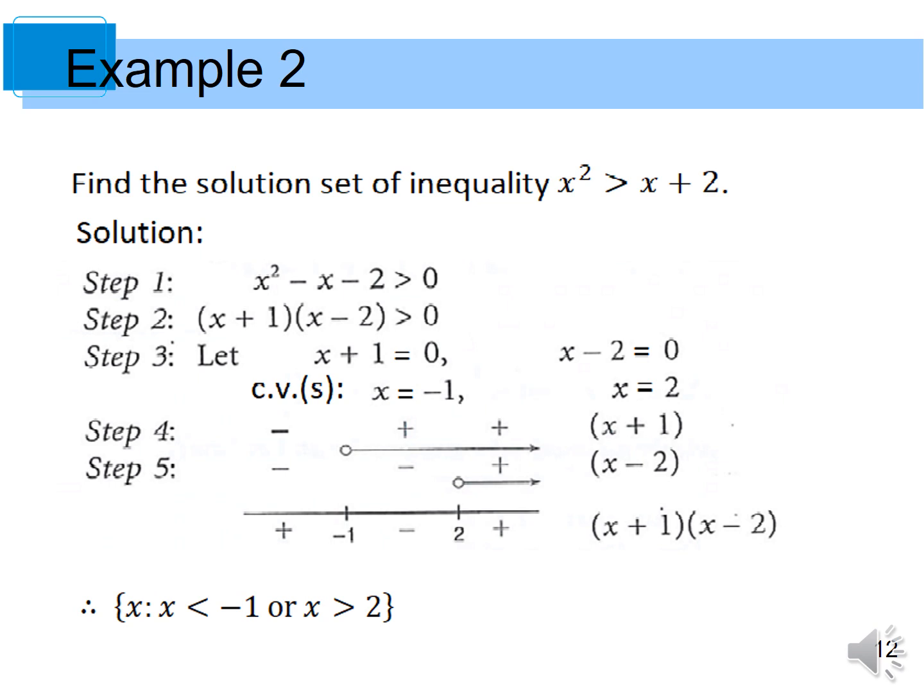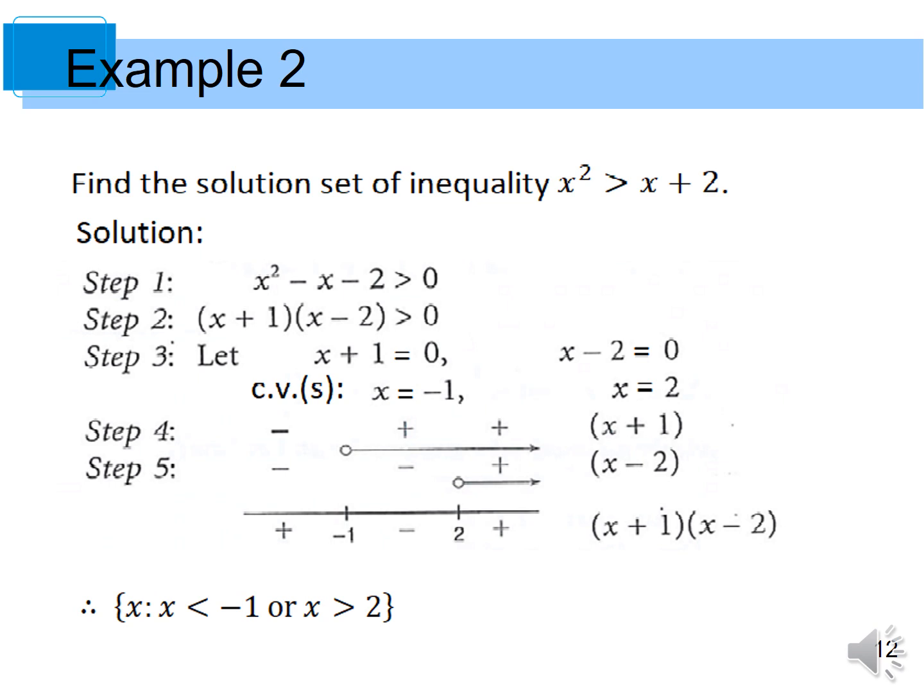So after we fill out the plus and minus signs, look at step 2. The first factor multiplied by the second factor must be greater than 0, meaning that we should select the positive region. Positive, positive, positive. Positive, negative, negative.